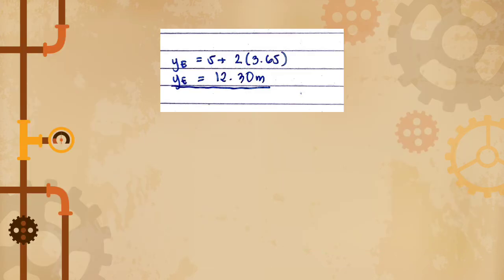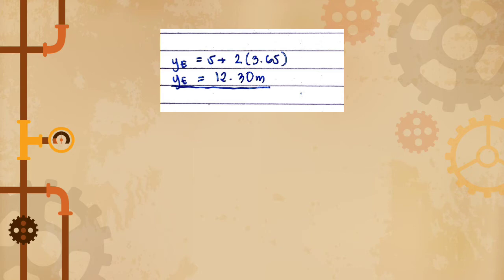Then we substitute the value of t that we got into equation 4. It becomes y_e is equal to 5 plus 2 times 3.65, so our answer is 12.30 meters elevated from the ground.